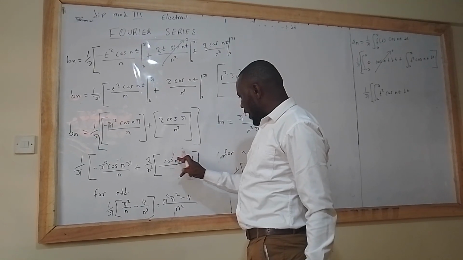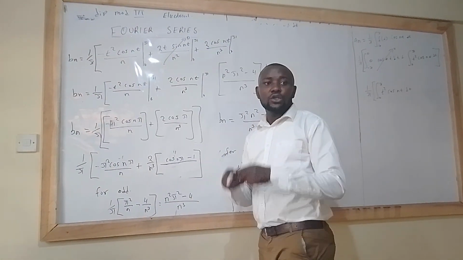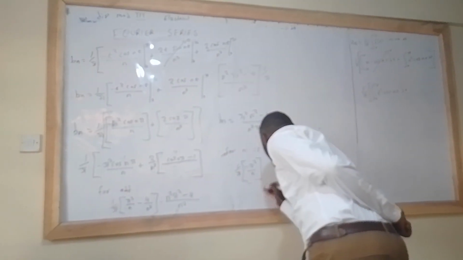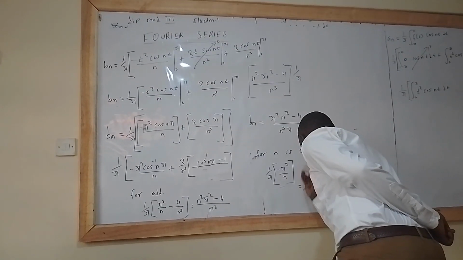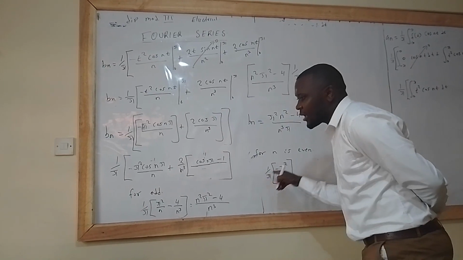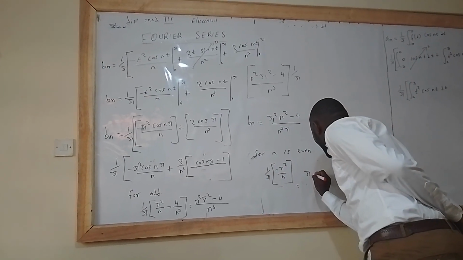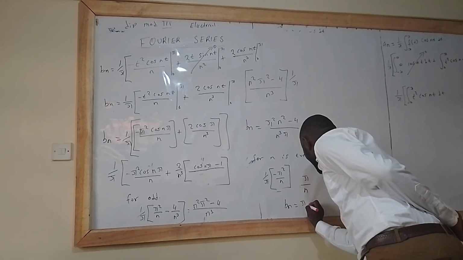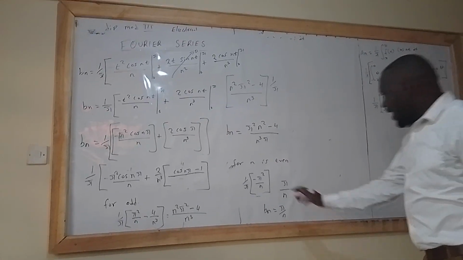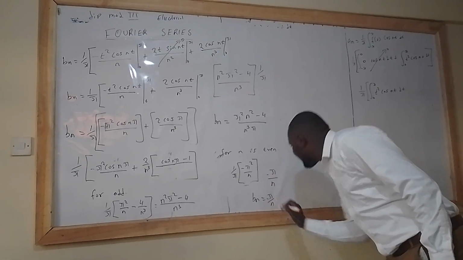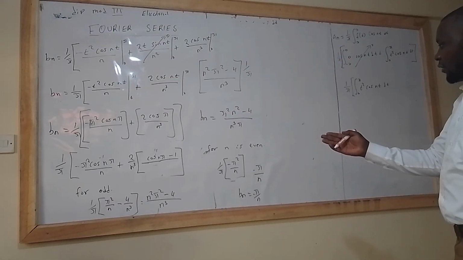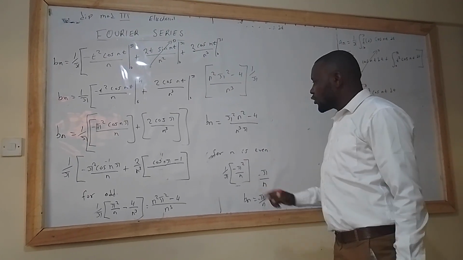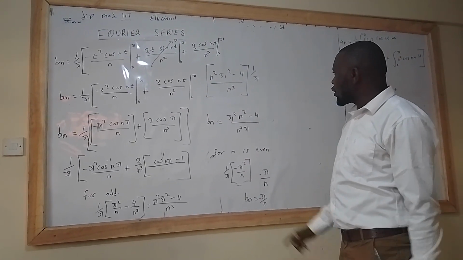Here is 1 minus 1. 1 minus 1 is what? 0. So we will remain here. So for even, we have 1 over pi, not really 1 over pi, but this pi with the other pi will go, so I'll have pi divided by n. So Bn is equal to pi divided by n. Now we have here, this is negative. So for n is even, this will be our answer. For n is odd, this will be our answer.